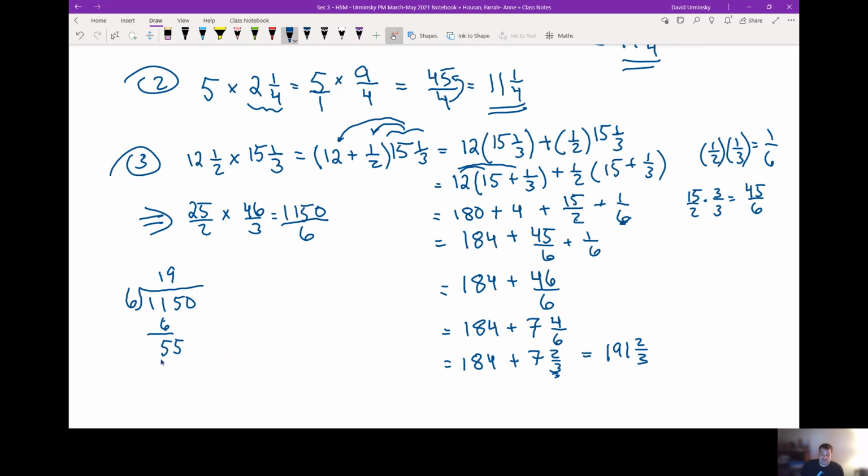We're going to get 191 in the numerator. This is 54. Subtract, we get 1. Bring down the 0. 6 goes into 10 one time, and we have 4 remaining, and we subtract. Okay, so what this means is that 6 goes into 1,150 191 times, and there's 4 remaining.